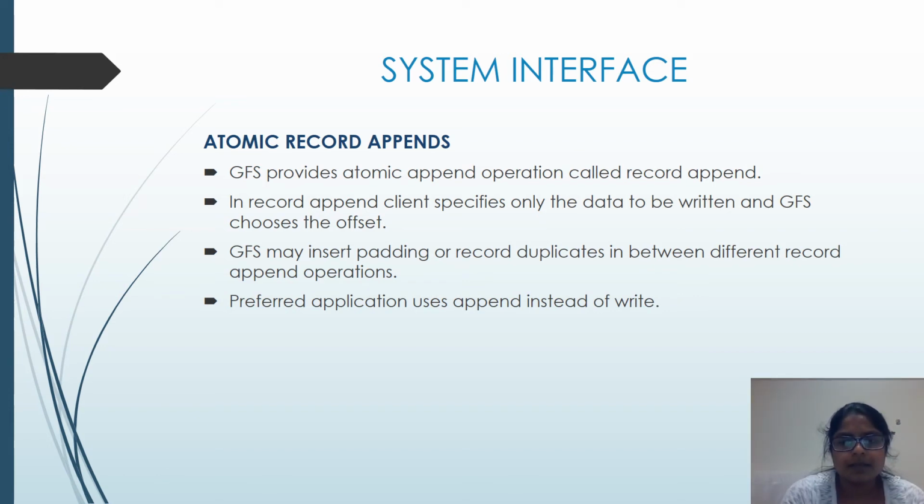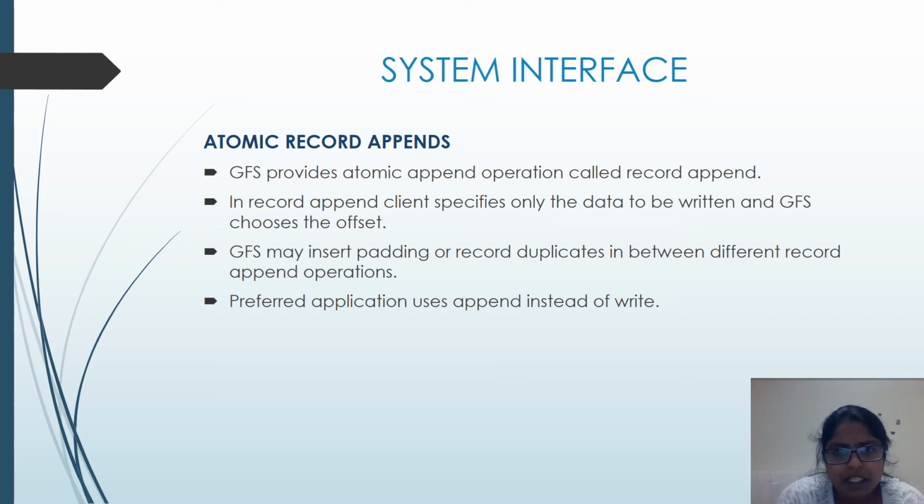Atomic record appends. Google File System provides an atomic append operation called record append. Generally, in the traditional write operation, the client specifies the offset where the data should be written. But in the record append operation, the client specifies only the data, while the Google File System chooses the offset where the data should be appended.